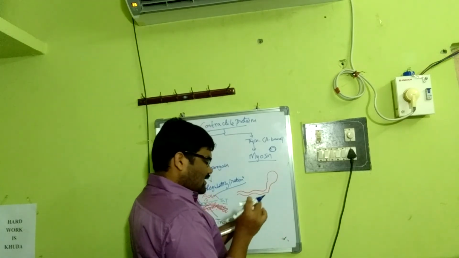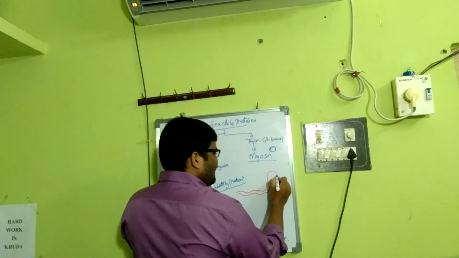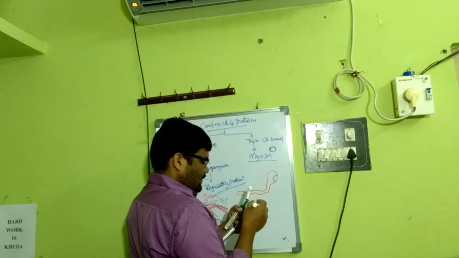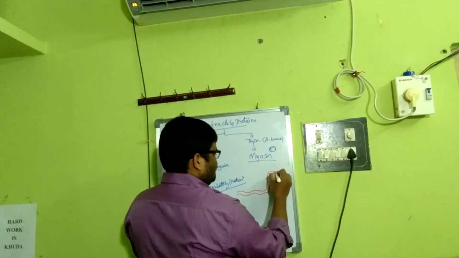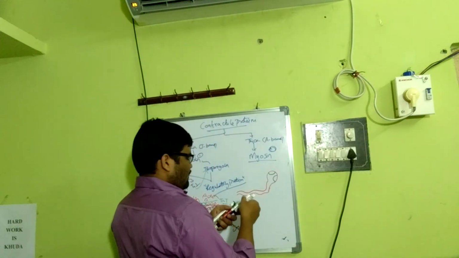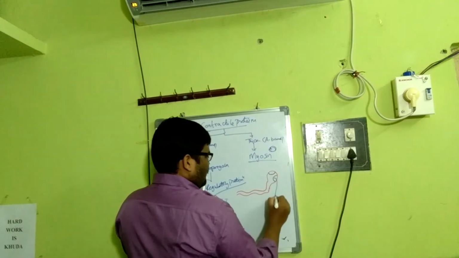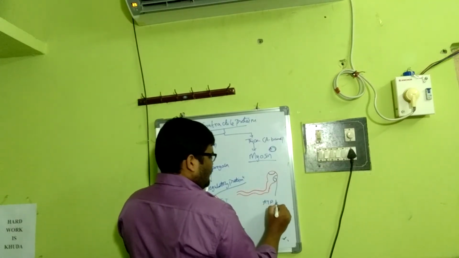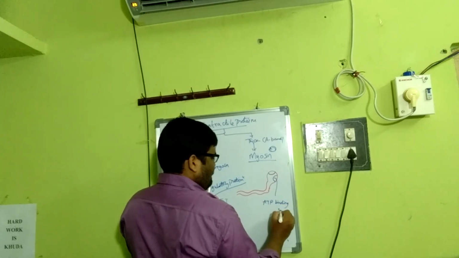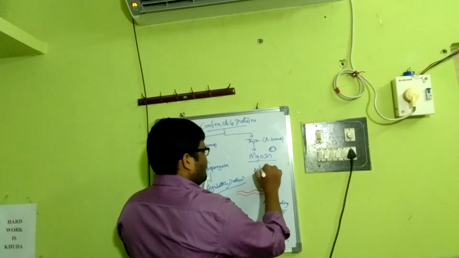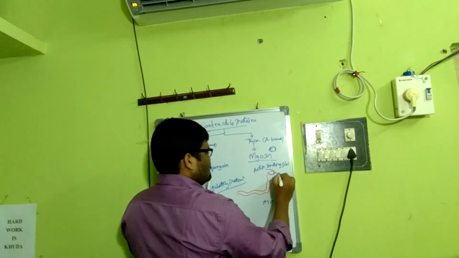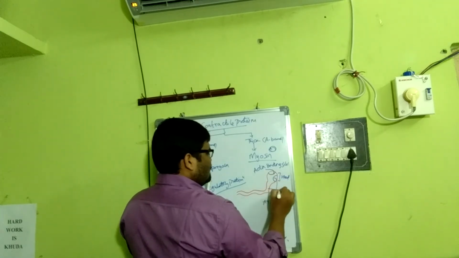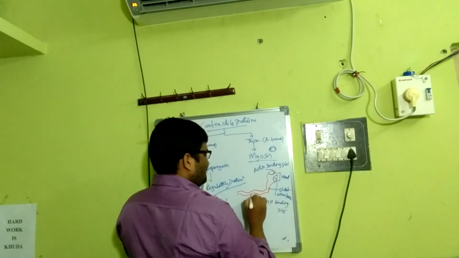It consists of different binding sites, the ATP binding site and the actin binding site. This is the head part, the globular head. This is the short arm, what we call the neck, and this is the tail.